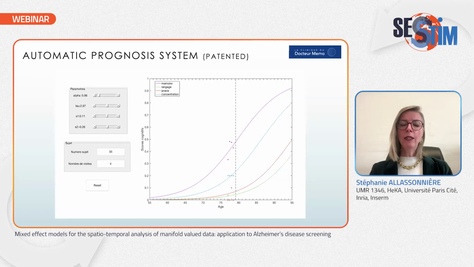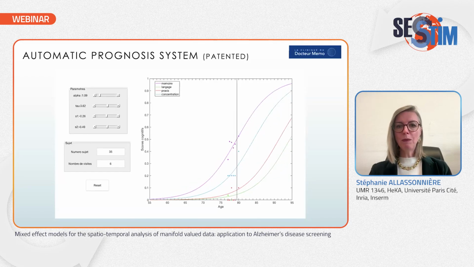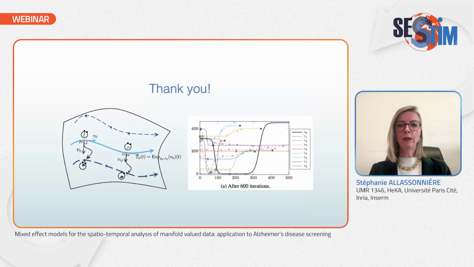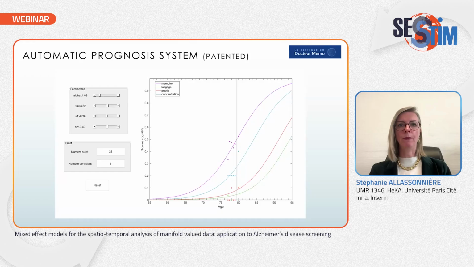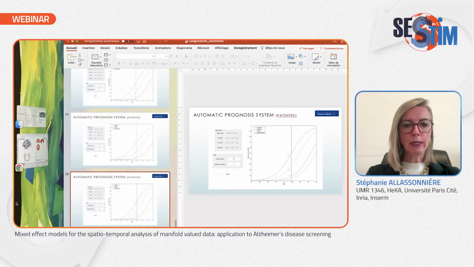Unfortunately for Anna, she was diagnosed 4 years later. So again, we would have been able to anticipate at the age of 77, and she was diagnosed at 81. So basically, we have done several clinical studies.